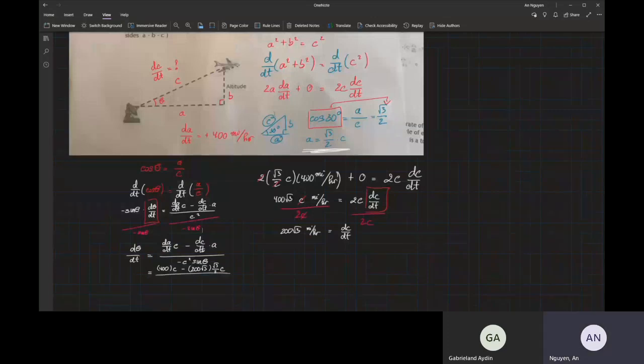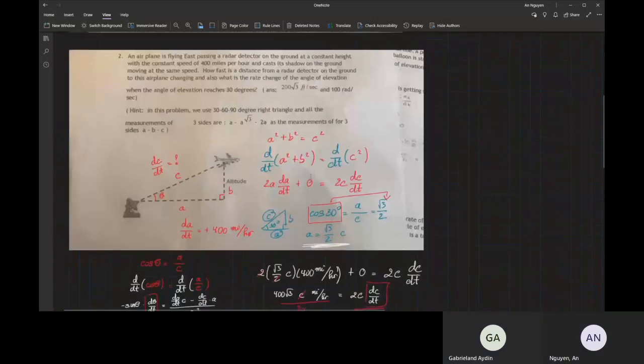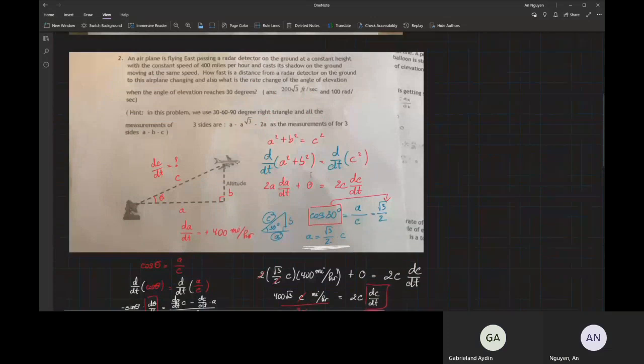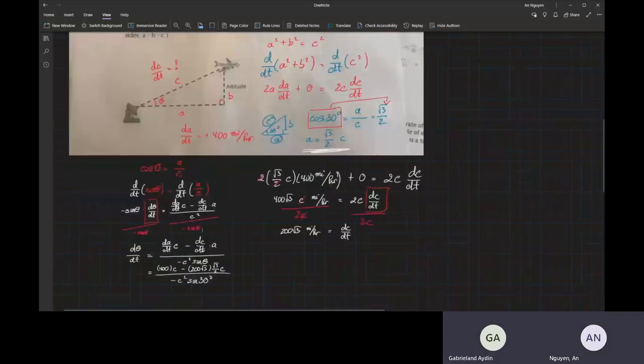And then divided by negative C squared times sine of 30 degrees.